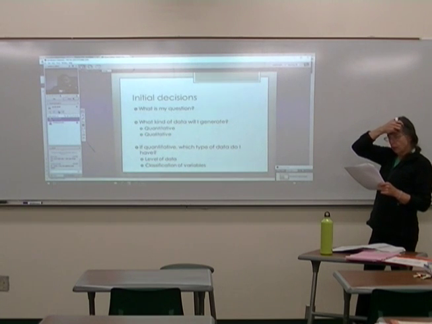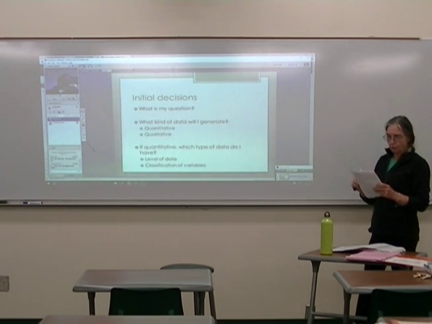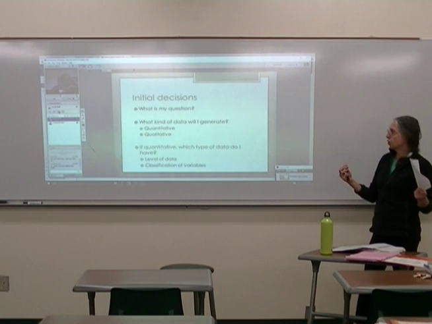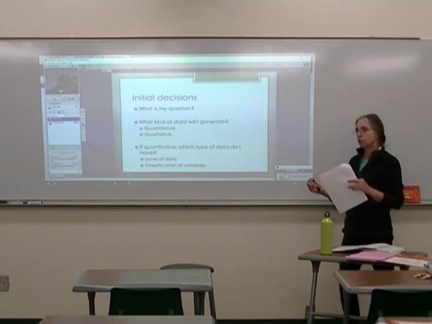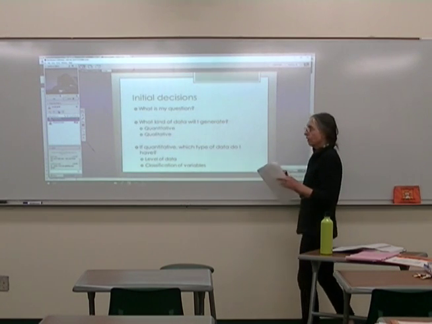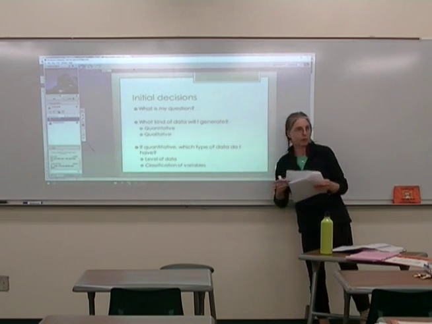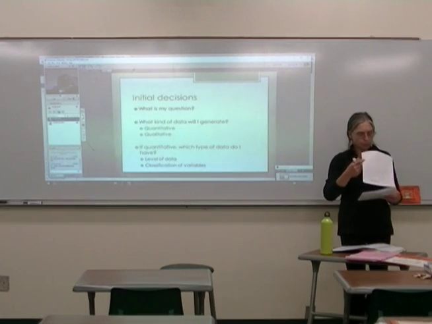And then we're going to be looking for, remember, differences or relationships if it's a quantitative study. Can I find the relationship between these two variables, or can I find the difference between these two variables?